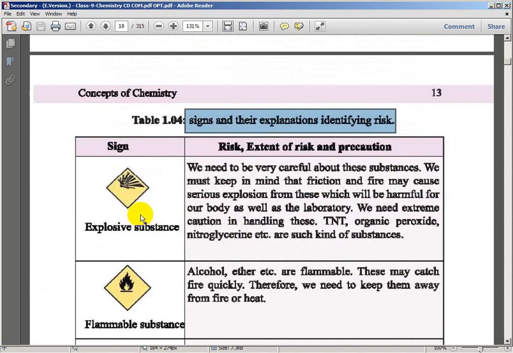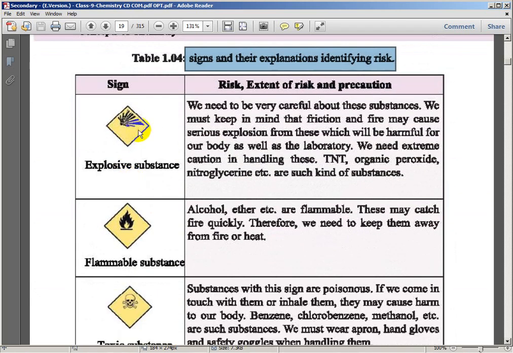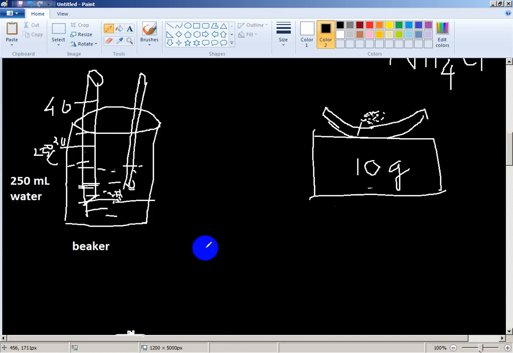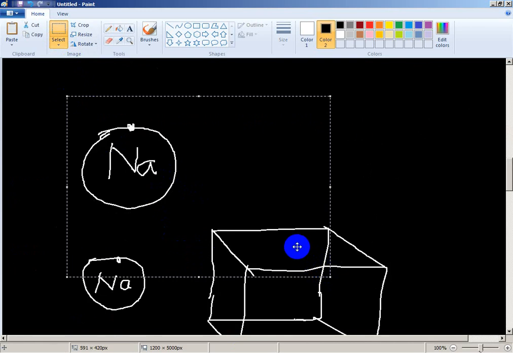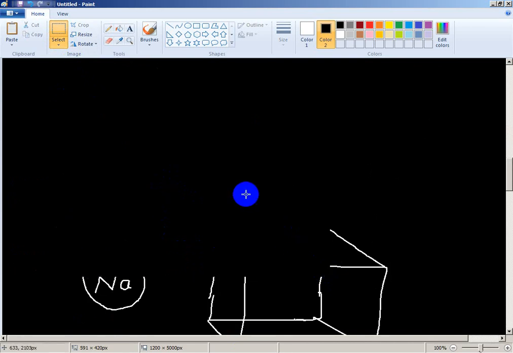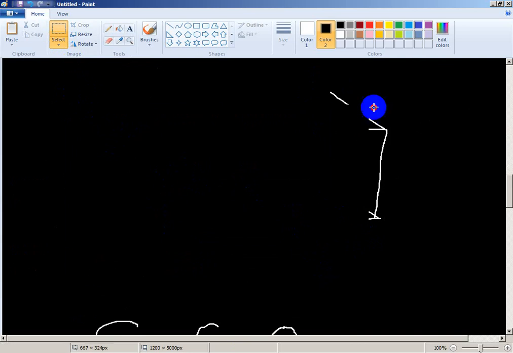Look, this sign is for explosive substances, the explosive sign. Look, I am showing this explosive sign.